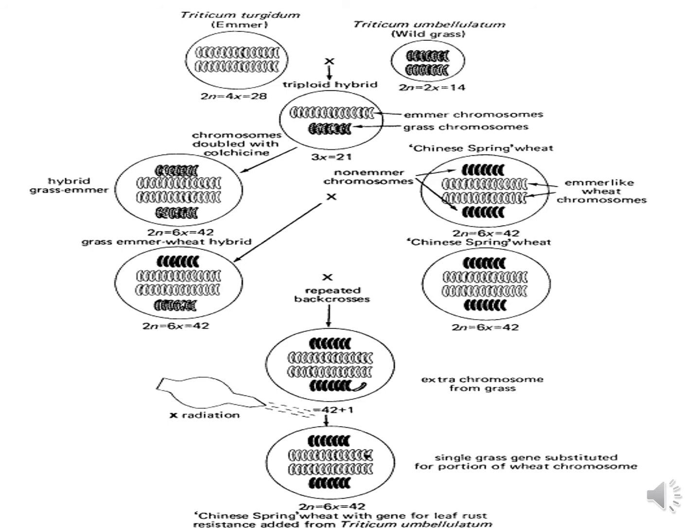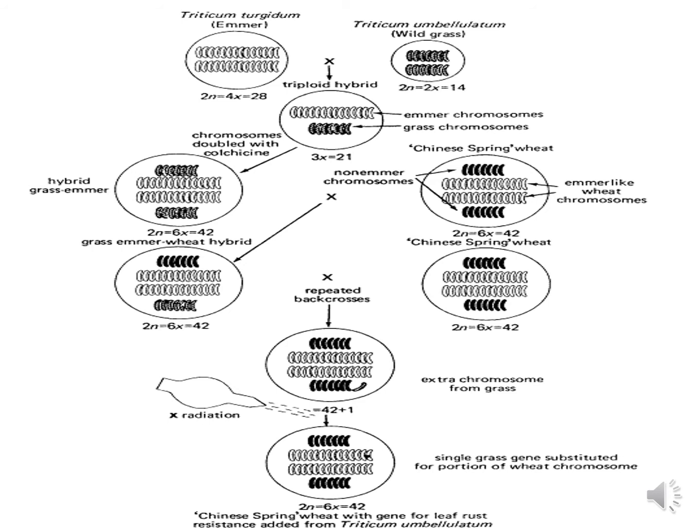Then after we cross it, we end up with a cross-emmer wheat hybrid with the Chinese Spring, and we did many backcrosses.